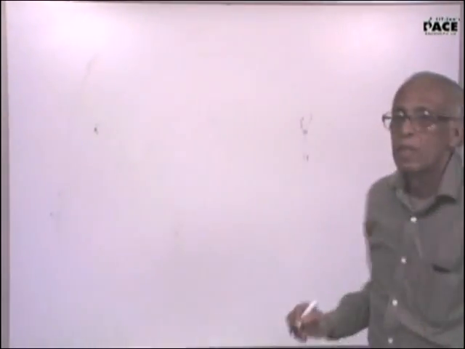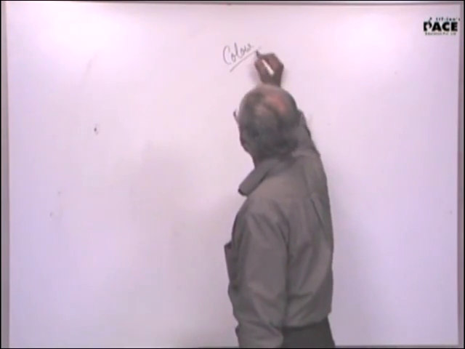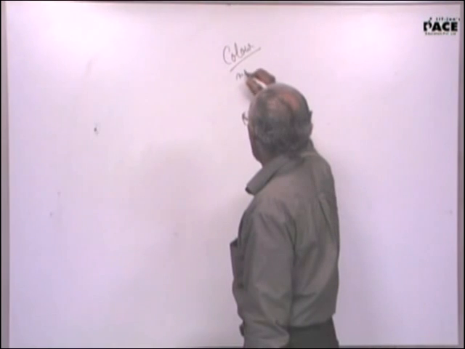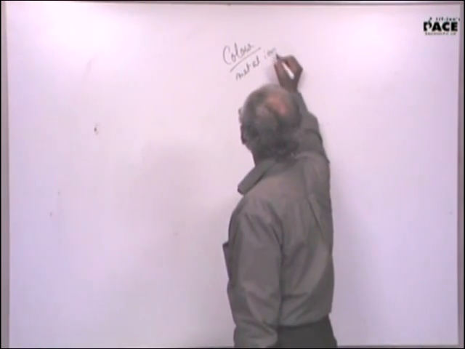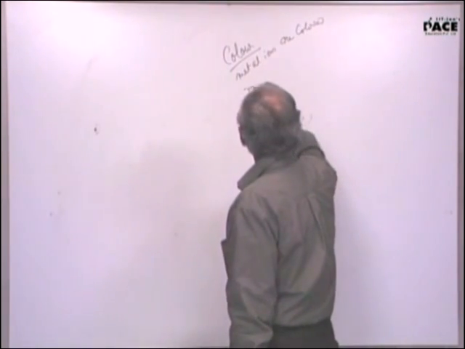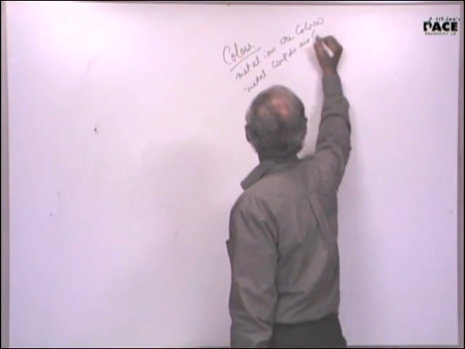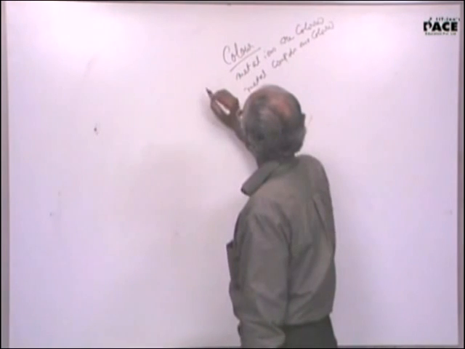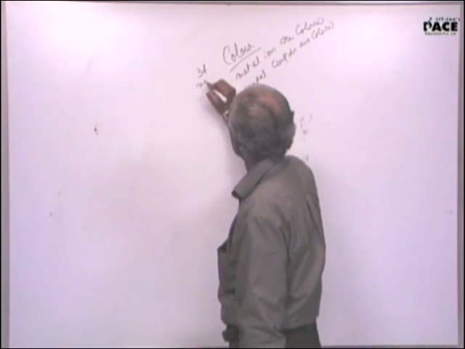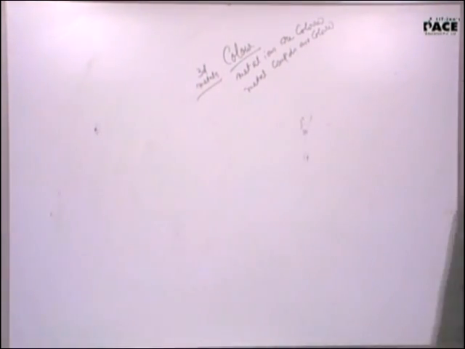Transition elements show color. Metal ions are colored. Metal compounds are colored. So the transition metal ions show color, as well as their compounds.